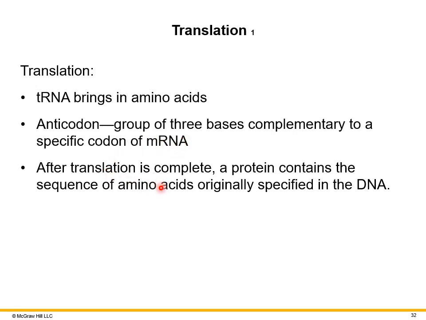After translation is complete, a protein contains the sequence of amino acids originally specified in the DNA. And so we remember that amino acids are the building blocks of protein. And so this all originally was coded in the DNA.